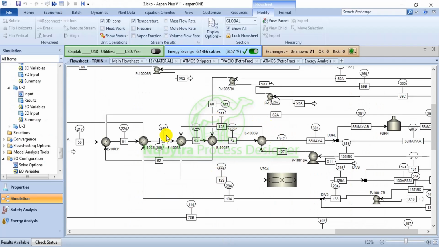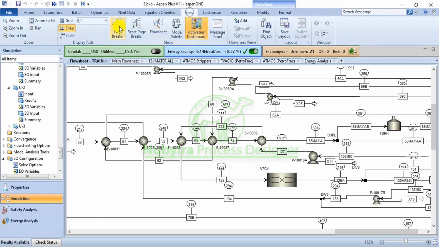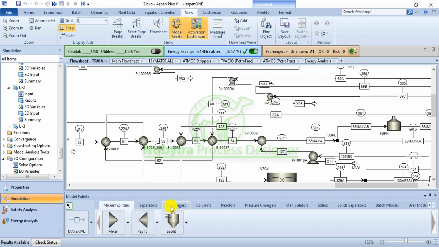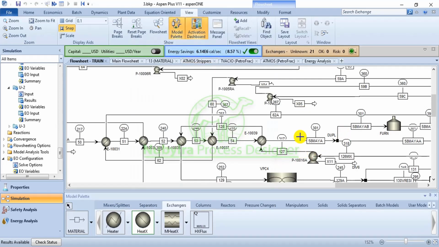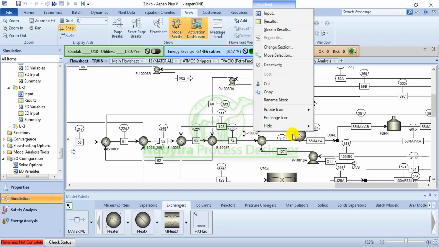So I'm going to go to the palette to pick the heat exchanger network block. You go to exchanger, then pick the exchanger here. I'm going to just drop it here and give it a new name.